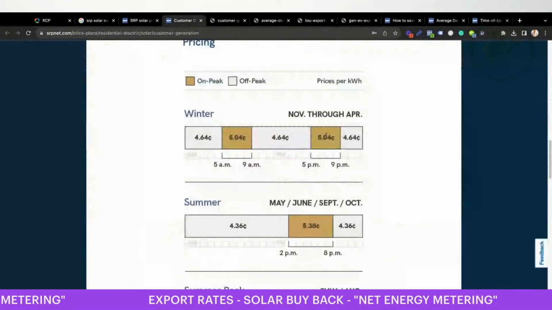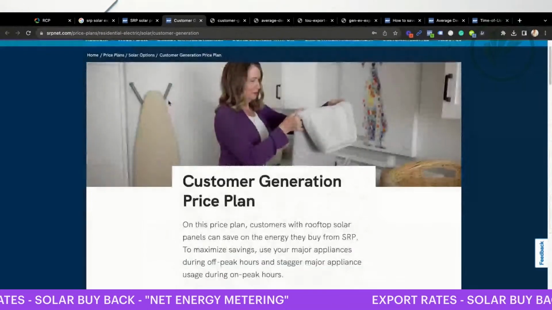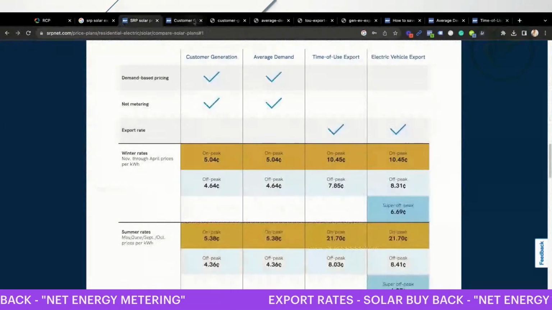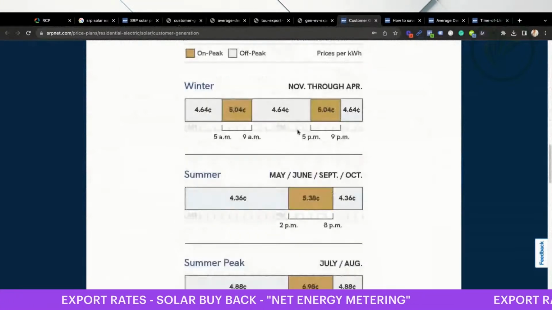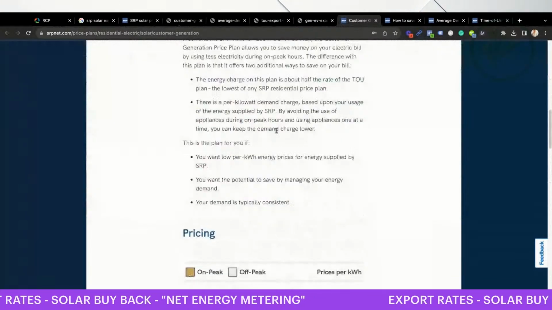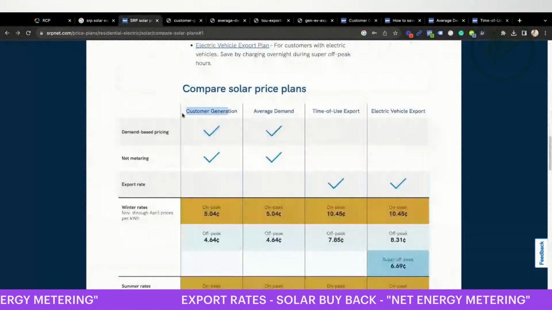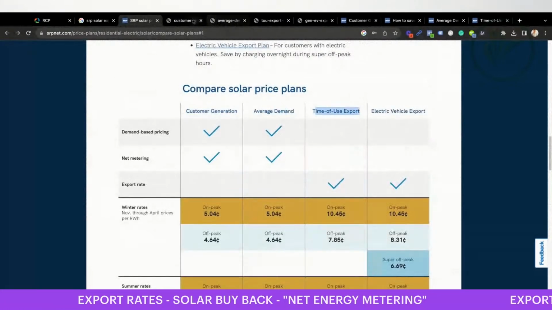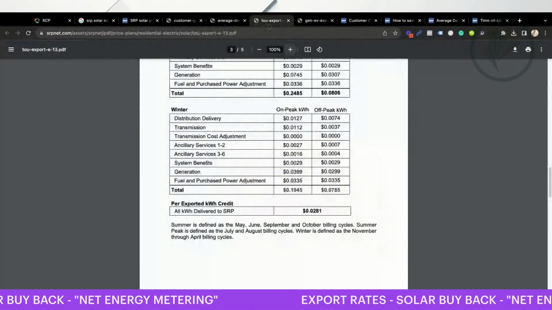Actually, where'd my thing go? Oh, it's right here. Okay, now we're in order, guys. Oh my, I'm not even on the right page. Okay, customer generation, average, time of use. Customer generation, average, time of use, EV. Perfect. All right, now we're back on the customer generation.